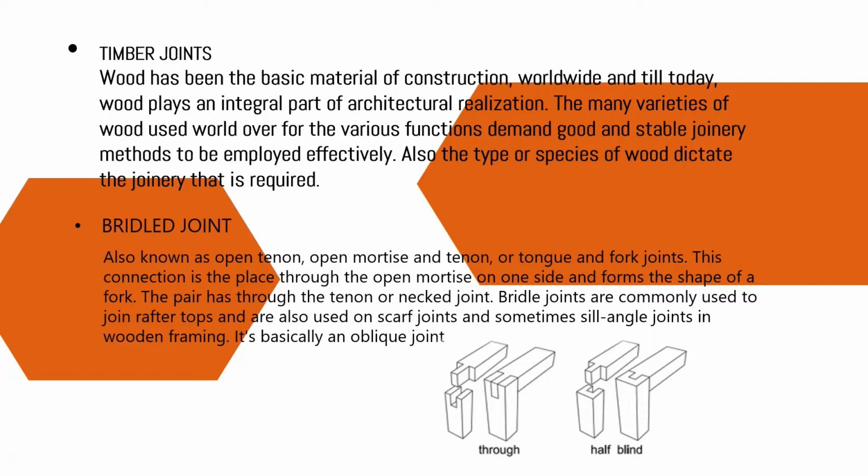The pair has a structural tenon or naked joint. Bridle joints are commonly used to join rafter tops and are also used in scarf joints and some angle joints in wooden framing.